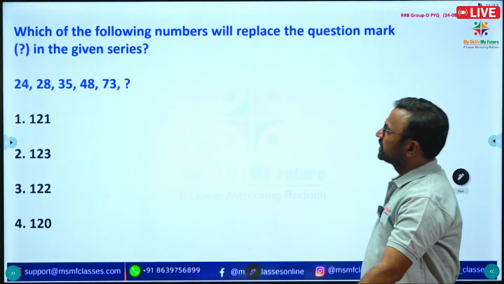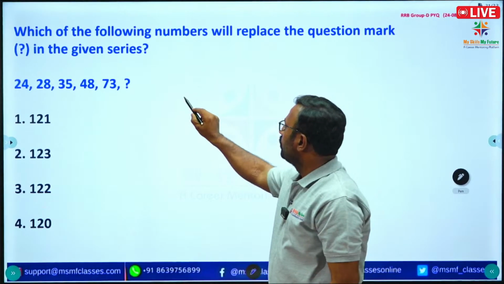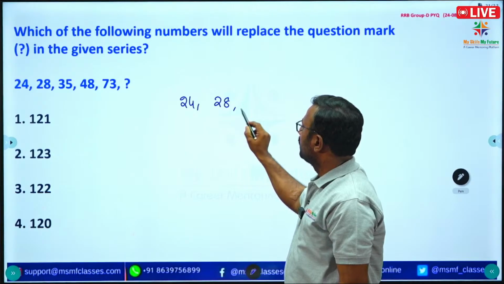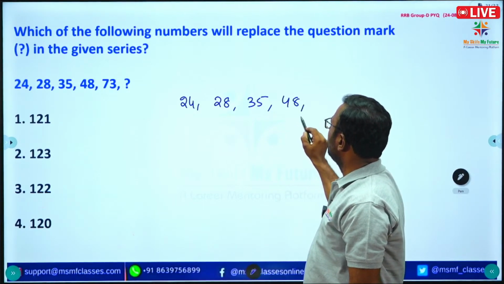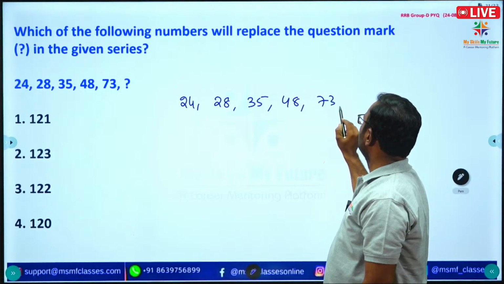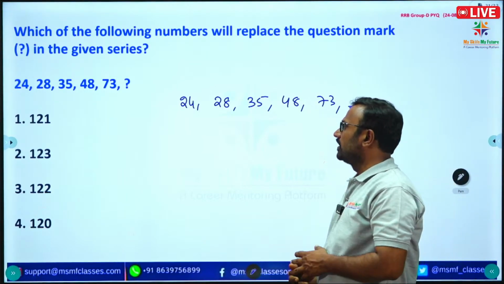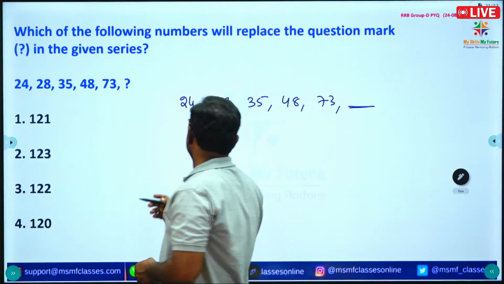One more question is given on number series: 24, 28, 35, 48, 73, and here you are getting the question mark. So what will come in the place of the question mark? If you see here, what is the distance here?